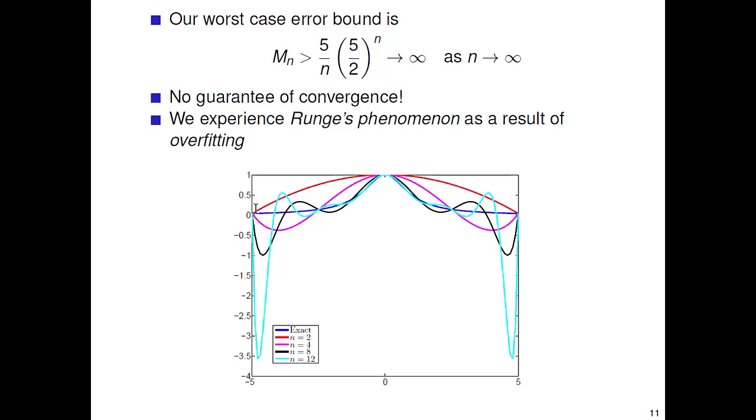Now as we add more and more, what happens? It hits the first data point, and then it's got to try to swing back quickly to hit the next one, swing back to hit the next one, and so on. As we go up to n equals 12, it's got to try to swing back in a hurry, and we actually get these wild oscillations coming in. So this is n equals 12, and bigger, we are hoping for better results, but what we're actually getting is now these huge oscillations.